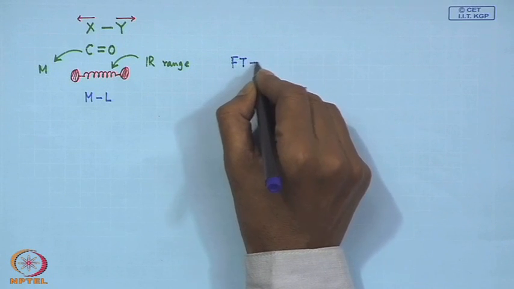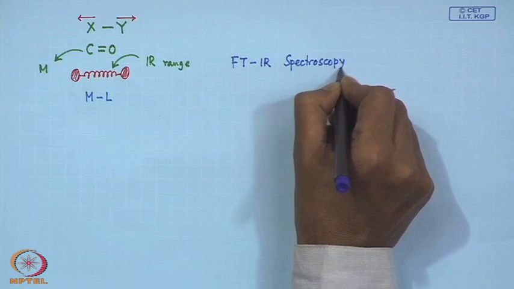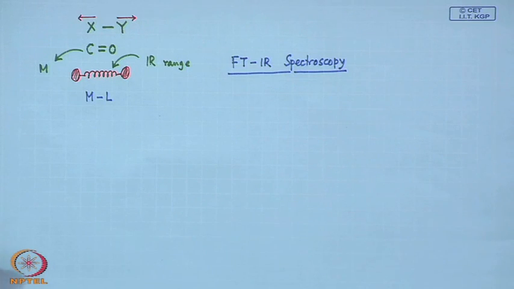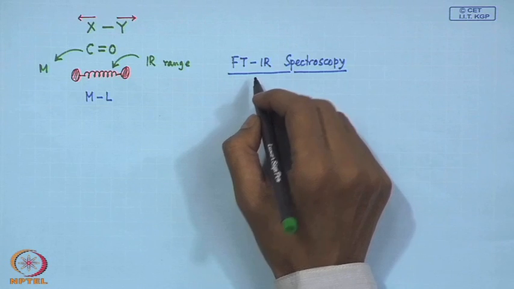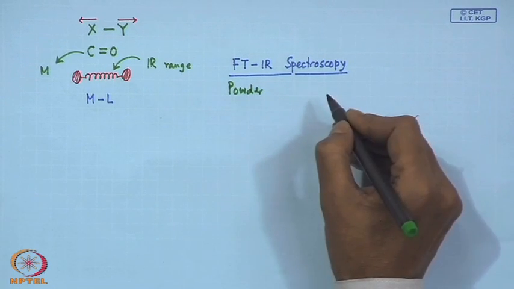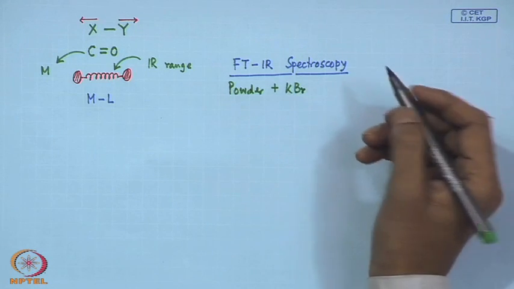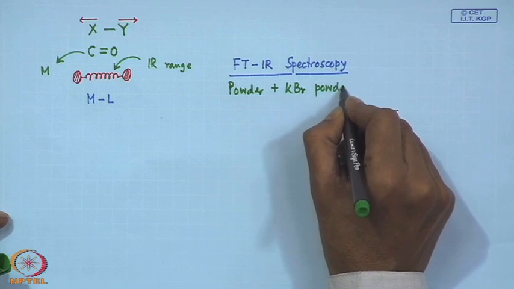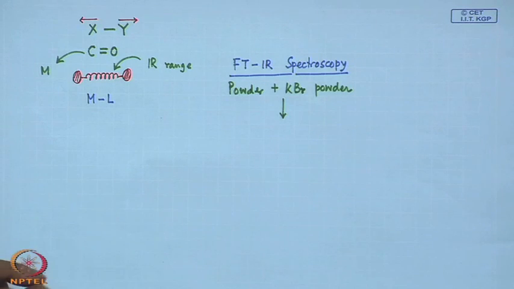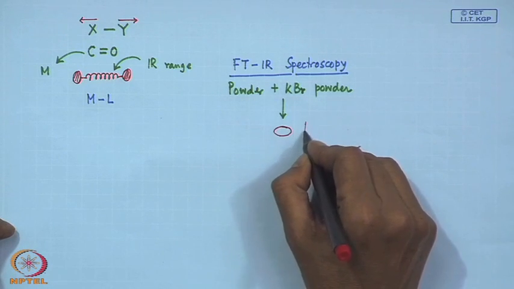FTIR spectroscopy is particularly useful when the sample can support powdering, mulling or grinding with KBr, because in FTIR we take the powder sample mixed with a specific amount of potassium bromide powder, and we mix it in a mortar and pestle, and then we press it and make a disc shaped KBr pellet.